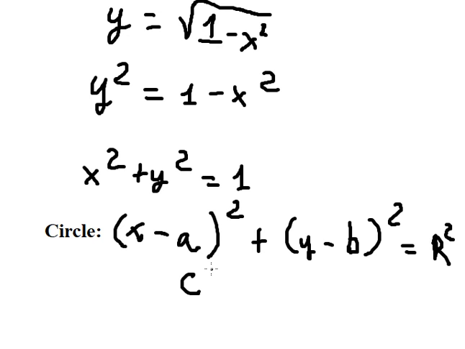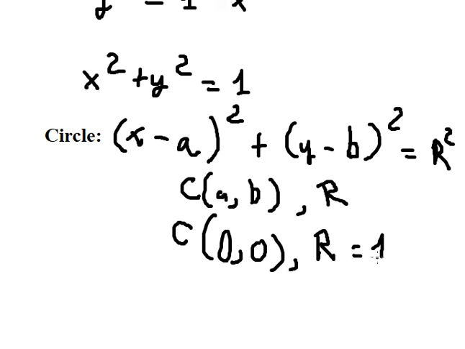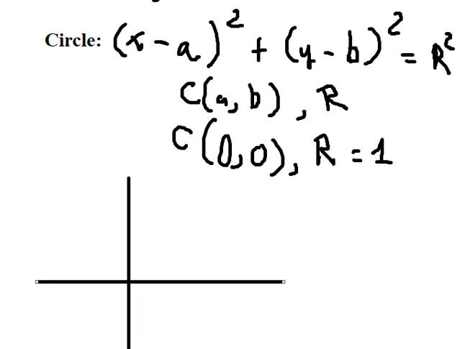So the center that is about a, b, and the radius is about r. So in this one we don't have a and b. So the center that is about 0, 0. And the radius is about number 1. So 1 that is about 1 squared. We need to graph this one.